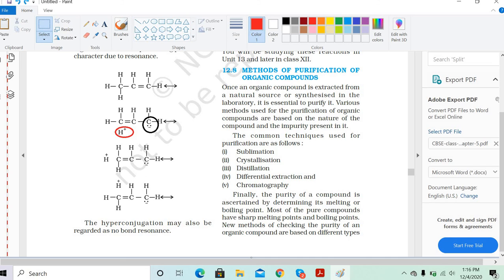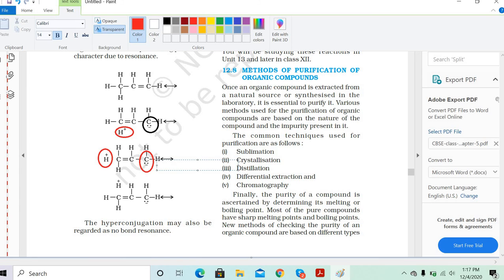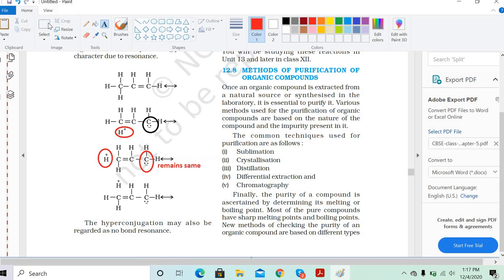Does it happen to only the down hydrogen atom? No, it can happen to the other hydrogen atom also, because the CH bond is common. This H can also separately come out, and the double bond and the negative charge on the carbon atom will remain the same, irrespective of any of the hydrogen CH bonds which is broken.